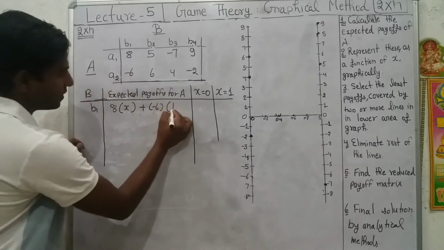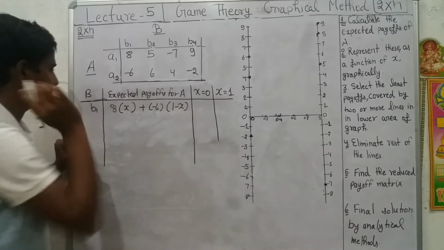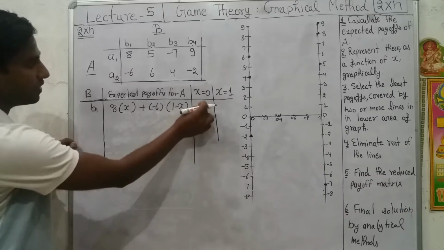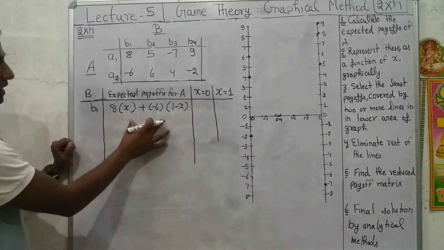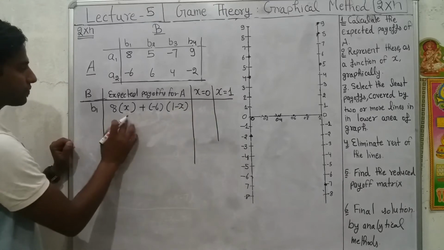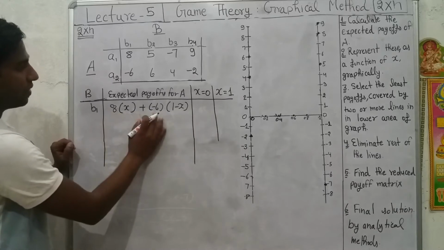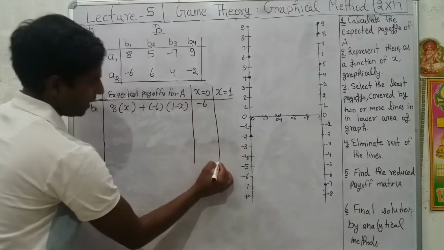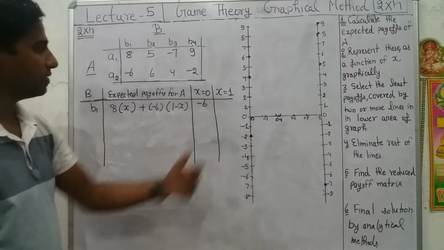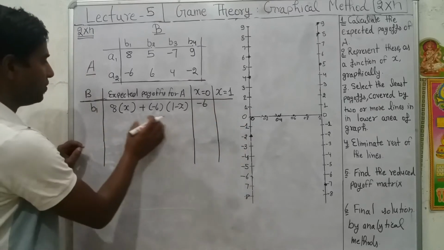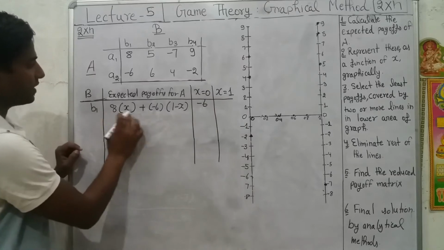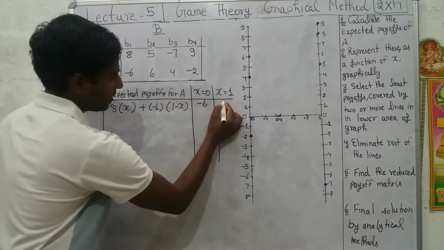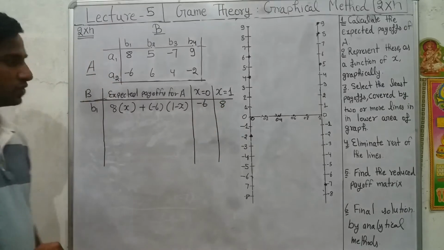So this is the expected payoff. If we put x equal to 0, the value would be 8 into 0, which is 0, minus 6. And if we put x equal to 1, the value would be 8 into 1, which is 8, plus 1 minus 1, which is 0, so the net value would be 8.